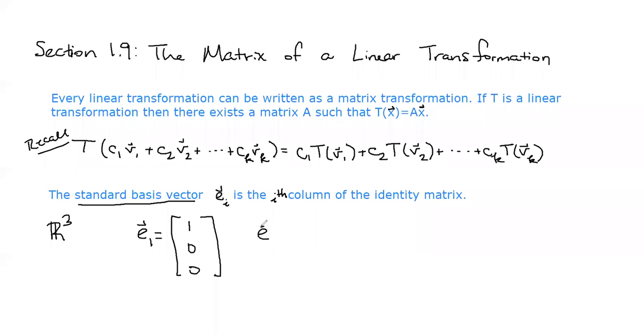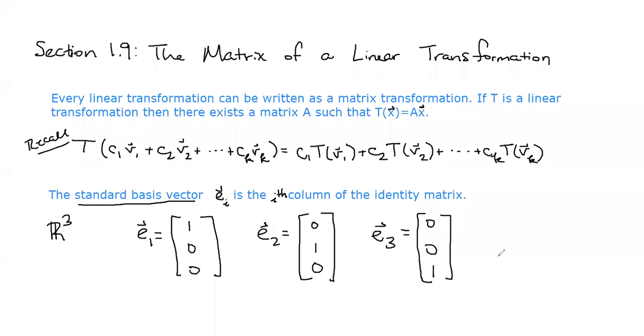The second one, e2, will be the second column of the identity matrix with a 1 in the second spot, and e3 will be the third column of the identity matrix with the 1 in the third spot. So these are our standard basis vectors. We'll talk a lot more about them later on in the term, but for right now, we're going to use them specifically to find our matrix that encodes our linear transformation.